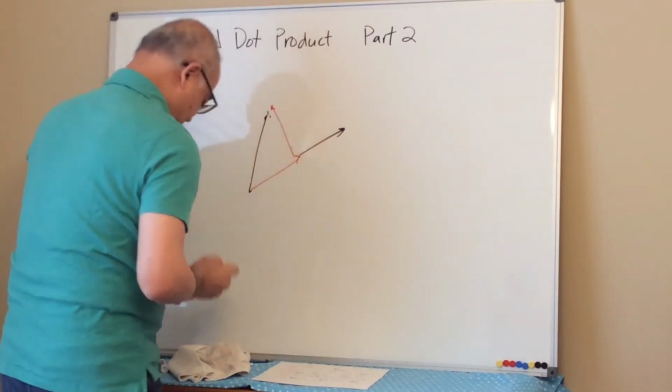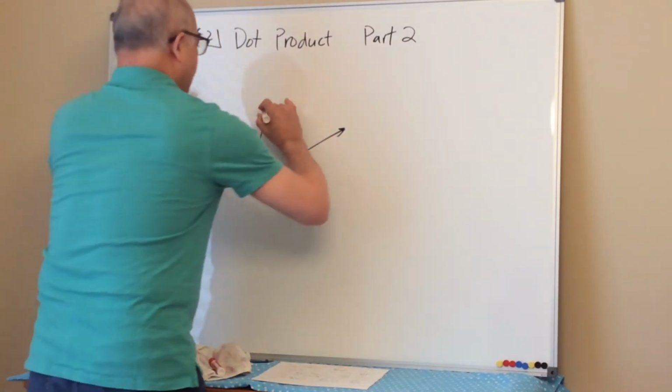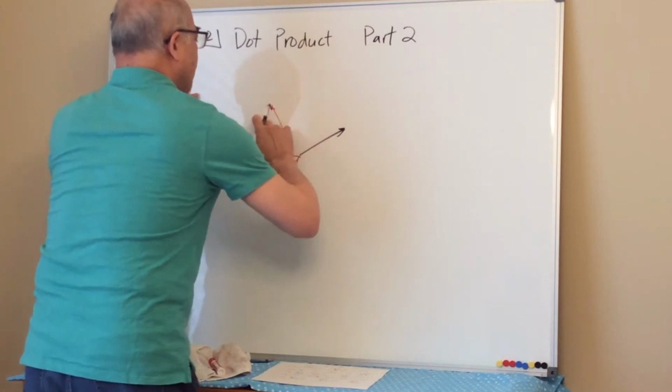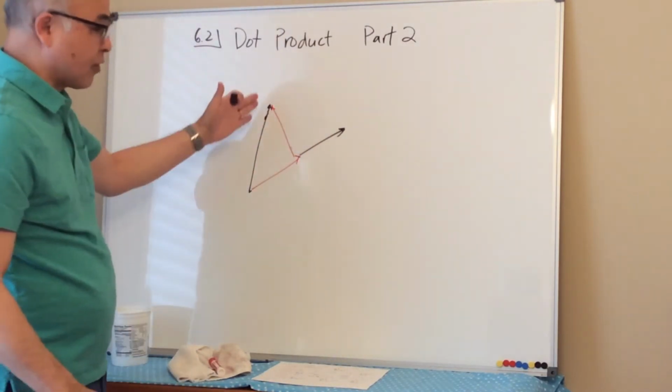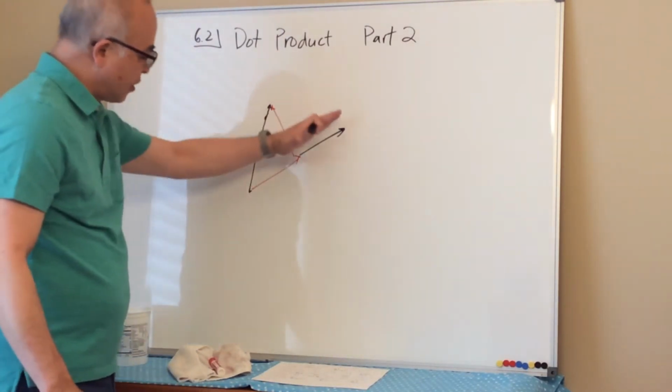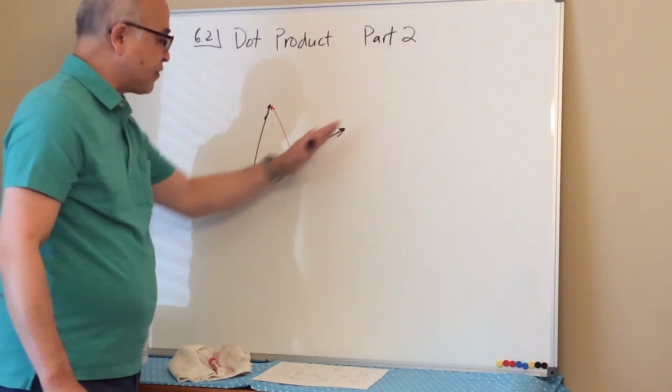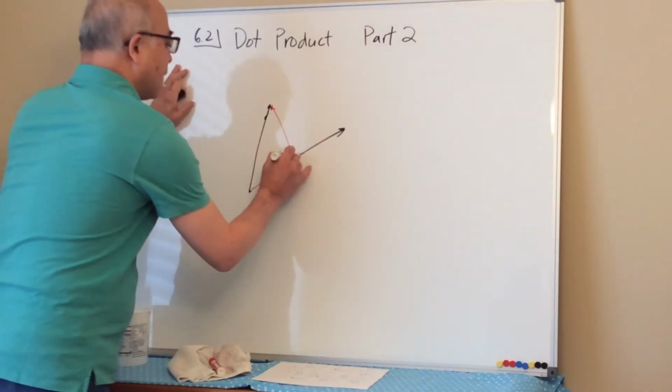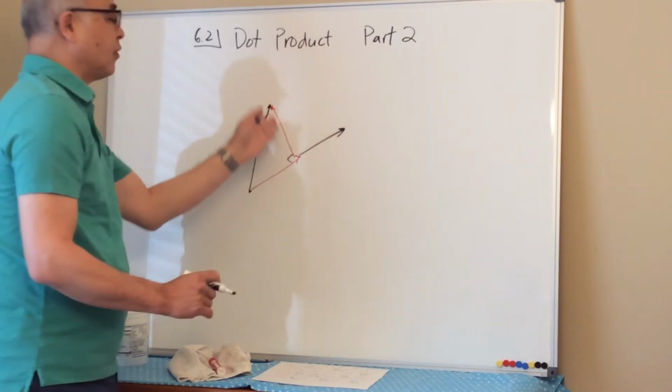So if this was the original vector, I am splitting this vector into one that is going the same direction as this vector and a perpendicular vector this way.